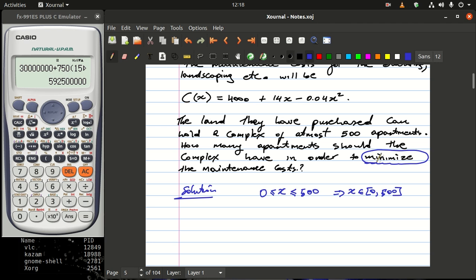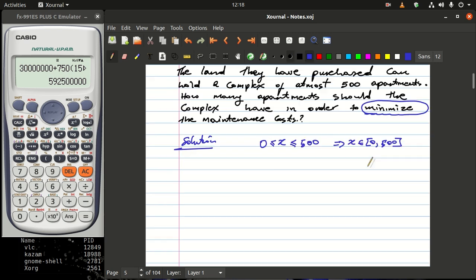So the first thing you need to find out, which we did, is the endpoints, this endpoint and that endpoint. And then the second thing is to check the outputs for the endpoints.